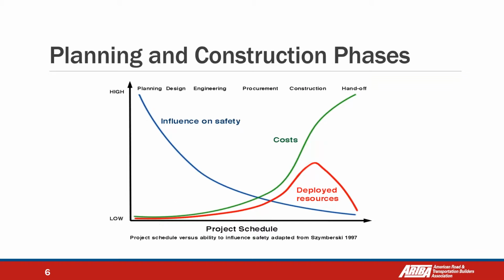What I want to show you here is the influence of safety on the construction process. If we plan for safety, if we implement all the safety ideas and measures in the planning stage, our influence on safety is going to be high.